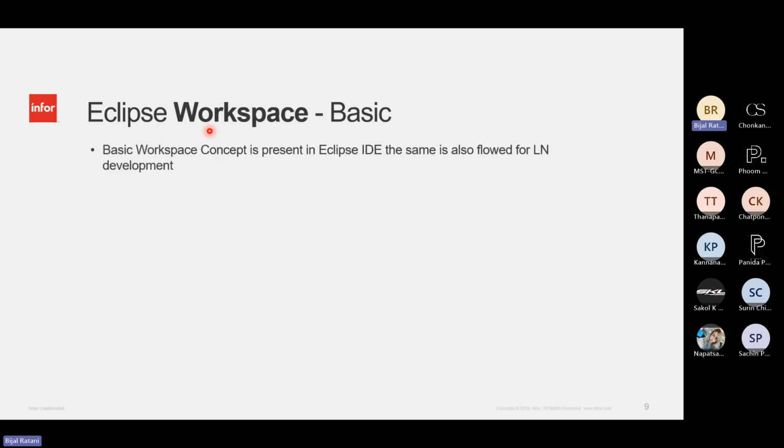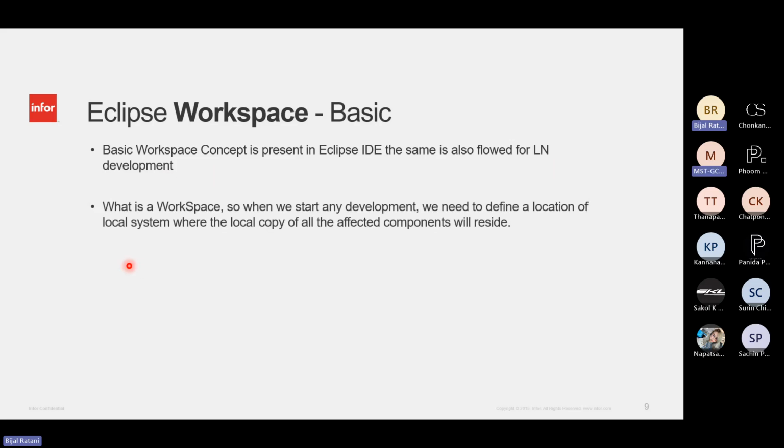So just an idea: the basic workspace concept is present in the Eclipse IDE. It is available in Eclipse already. The same is followed in LN development, so we need a workspace. Another important thing is when we start the development, we need to define a location on the local system where the local copy of all the affected components will reside. Again, we are going to establish a connection with the development server.